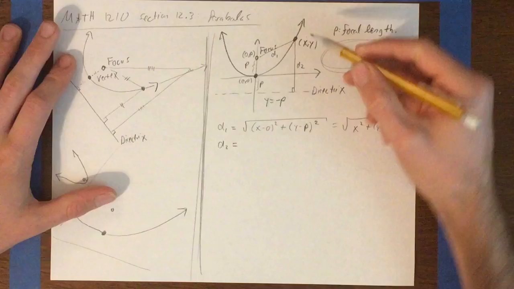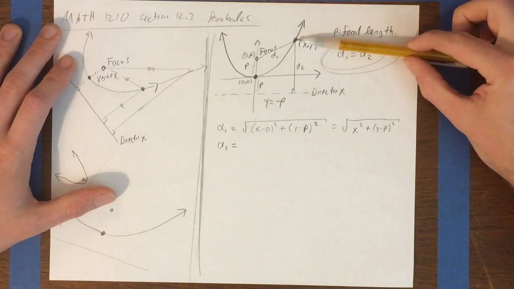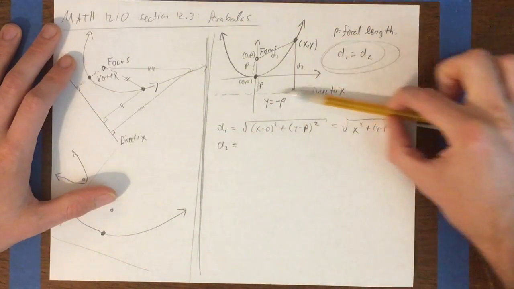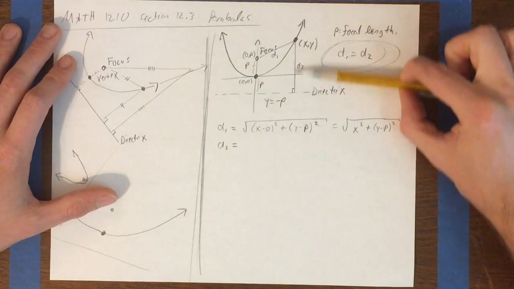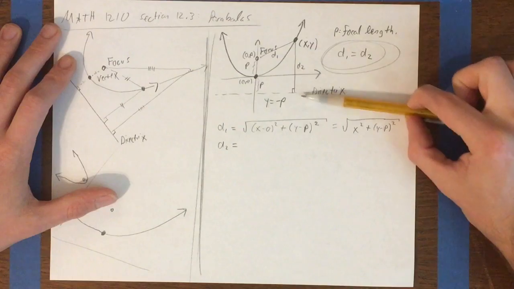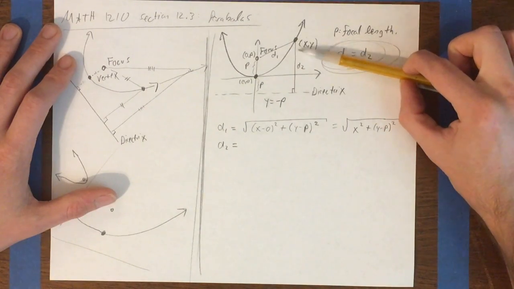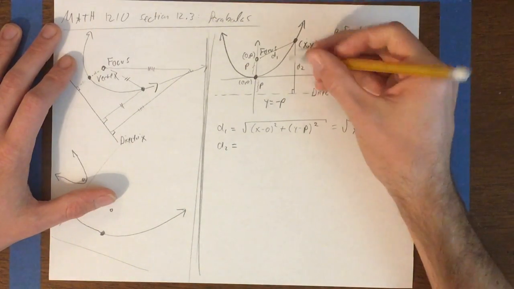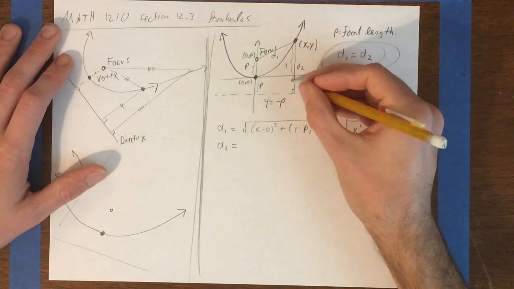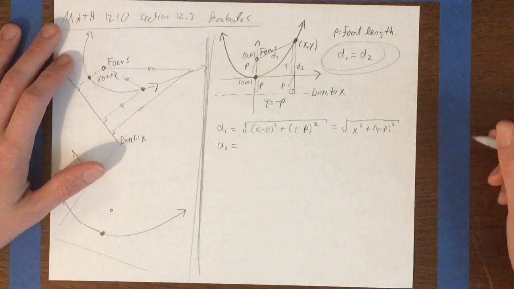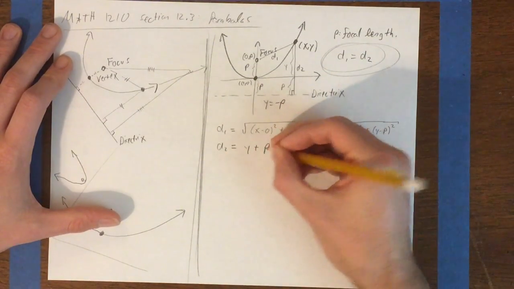Distance 2 is easier to calculate because it is measured along a vertical line. In this case, with our directrix being horizontal, all distances to the directrix will be measured along vertical lines. So we just need to take the y coordinate, and then plus this amount, which is p. So that's just y plus p.